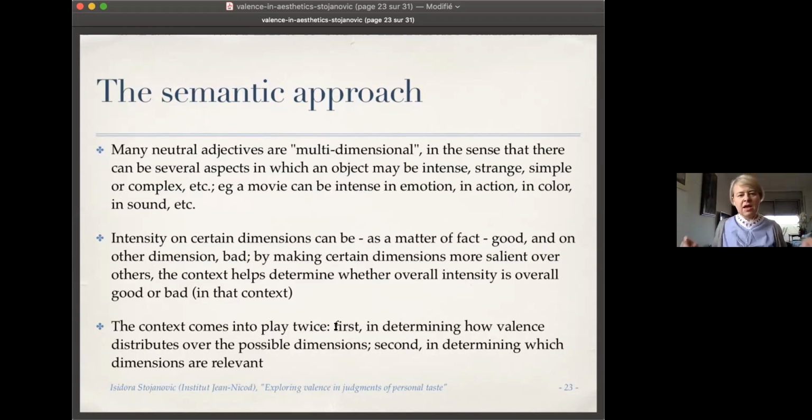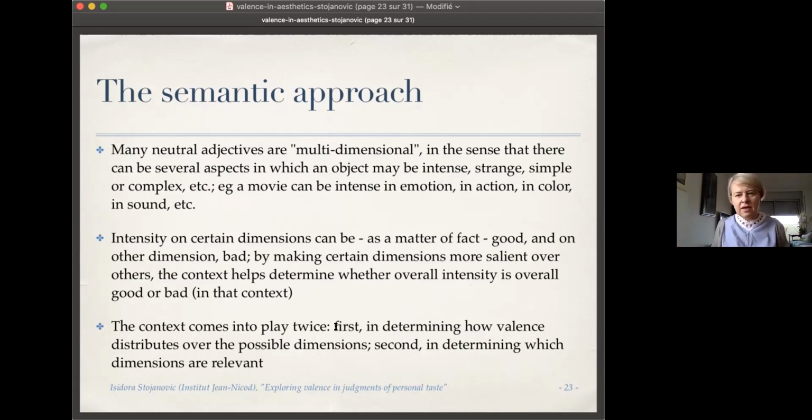So the idea here is that when we are looking at values, it is not that the property of intensity is, as it were, a monadic property, which is either good or bad. The situation is much more complex.